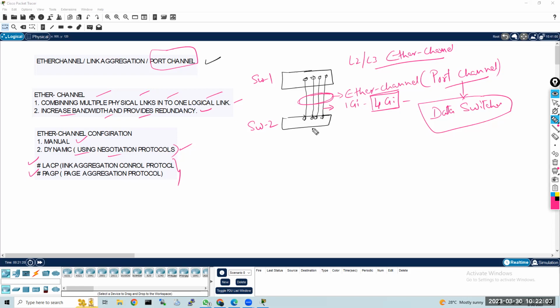First remember, when you are going to configure, say this is my Cisco device and both sides are Cisco, the protocol we use is PAgP.